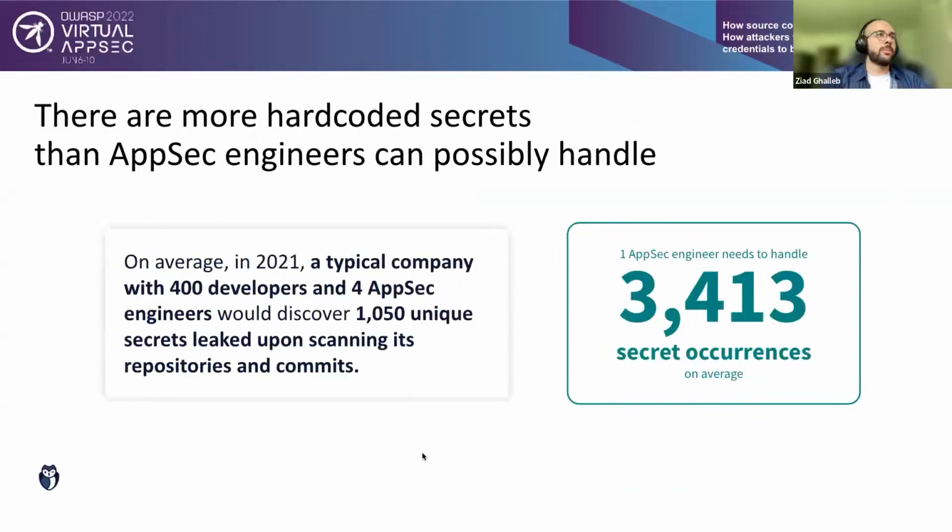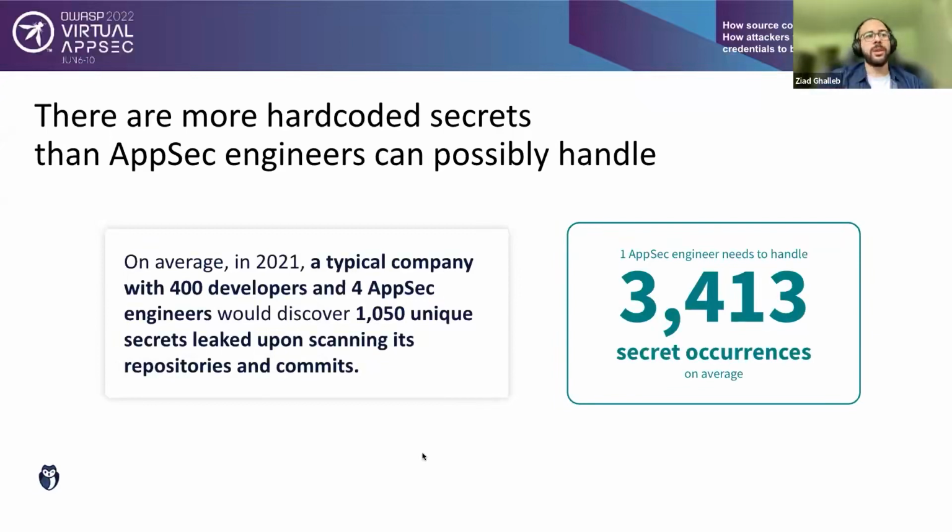Now, there are also more hard-coded secrets in these internal repositories than application security engineers can possibly handle today. On average, what we saw in 2021 is a typical company with 400 developers and 4 AppSec engineers. That's a usual ratio we see of 100 to 1. Such companies would discover 1,050 unique secrets leaked when they scan their Git repositories and the full commits.